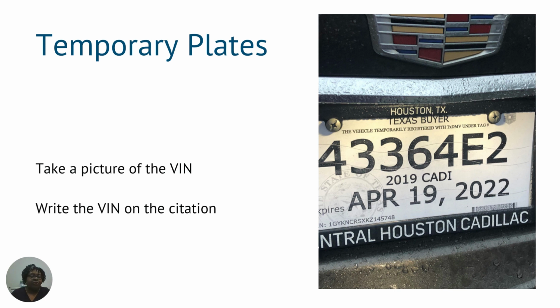But get a real good picture of the VIN, or you can go around to the front of the windshield and get the picture of the VIN that's right below the registration sticker. We need that good picture so we can link this car when they get their permanent plates, because often this temporary license plate number doesn't really connect to anything. So that's why we need to get a good picture of the VIN, or the vehicle identification number.